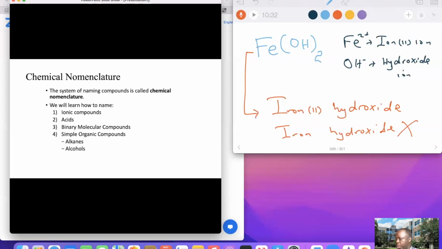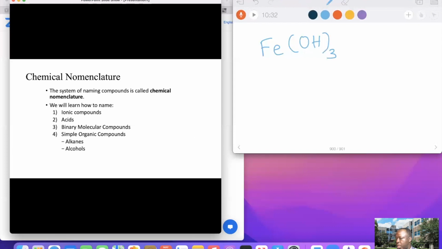Having gone through that, you should see this has Fe3 positive, and this is iron(III) ion, and then OH negative, which is hydroxide ion.